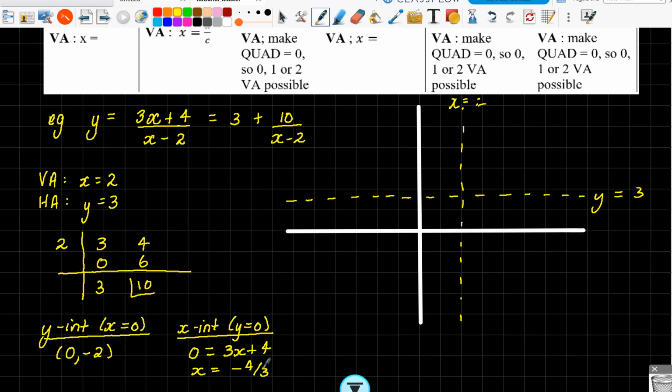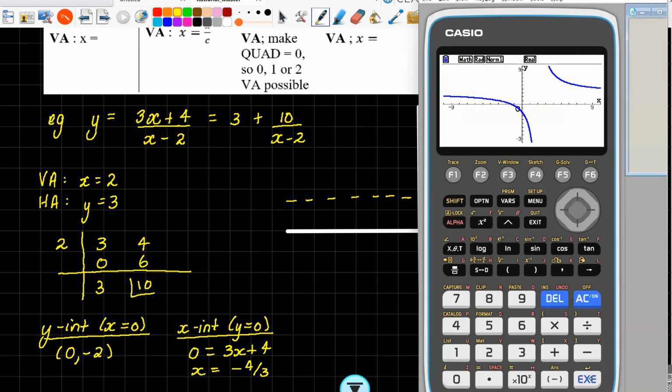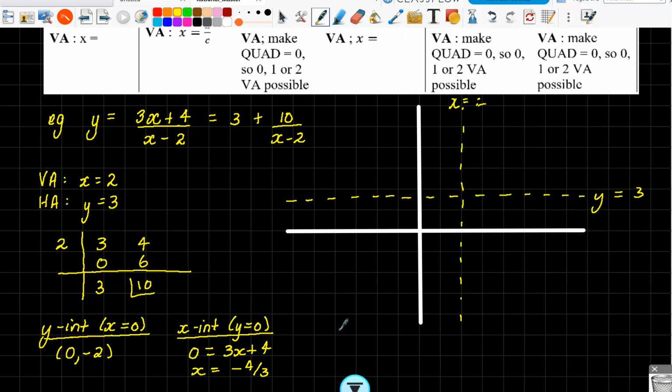So what does that mean for us? We confirm here, it's going to look a little bit like that. So always confirm before you go to graph it. So we're going to go roughly like that, and heading towards your asymptote.